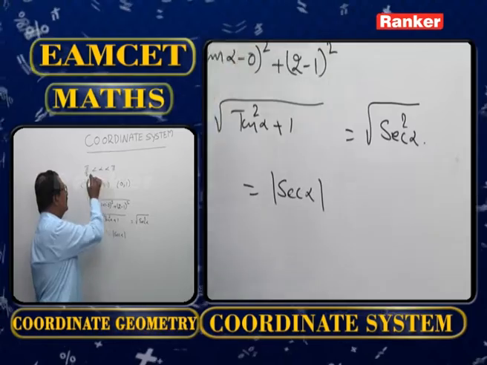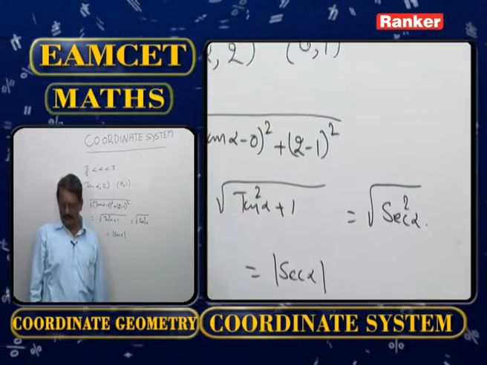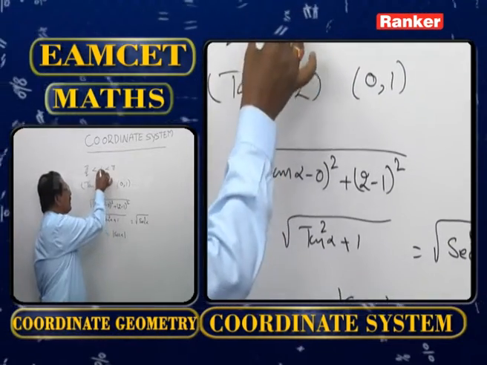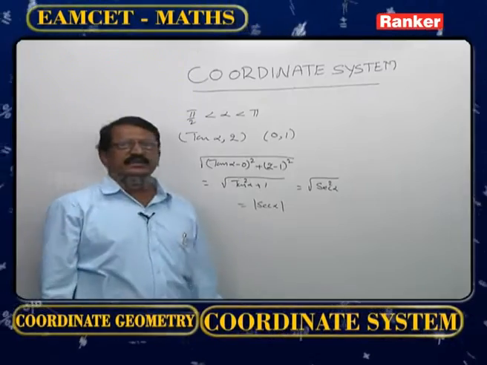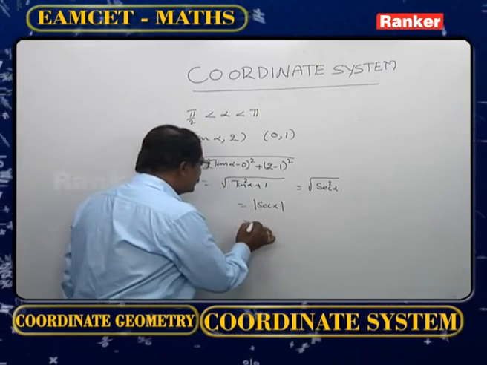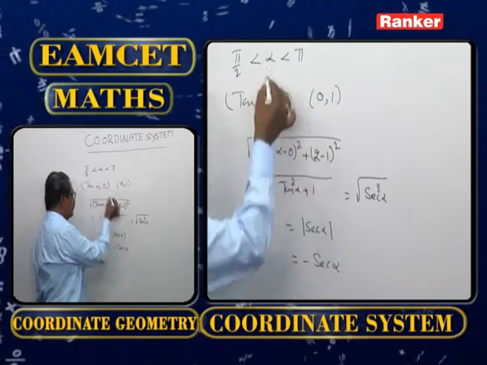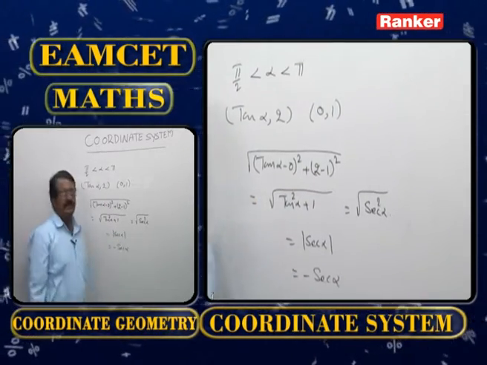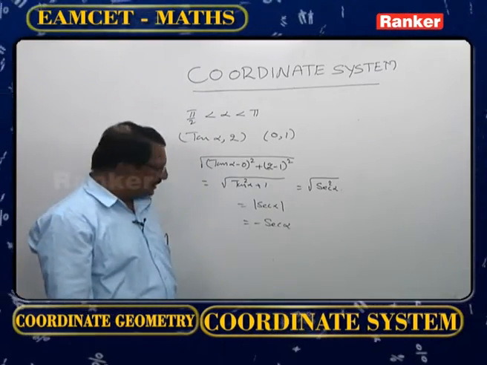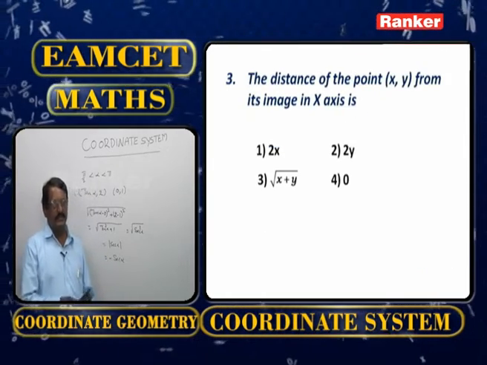But here alpha lies between pi by 2 and pi, so alpha belongs to the second quadrant. In the second quadrant secant is negative, so the distance equals minus secant alpha, because secant alpha is negative in the second quadrant; minus of minus is plus, and a distance is always positive. Then the answer is the third option. Next problem.